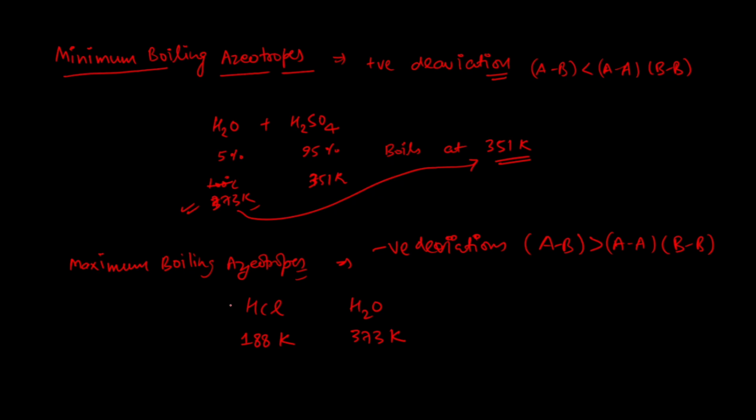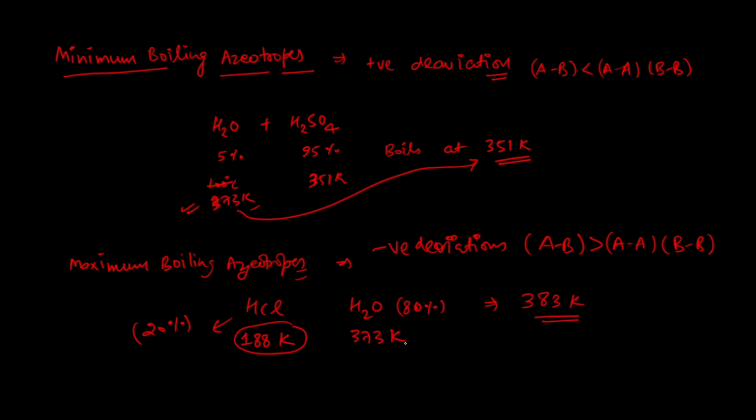But when we mix approximately 20% HCl and 80% water, the boiling point of HCl increases from 188, and the entire mixture boils at 383 Kelvin.